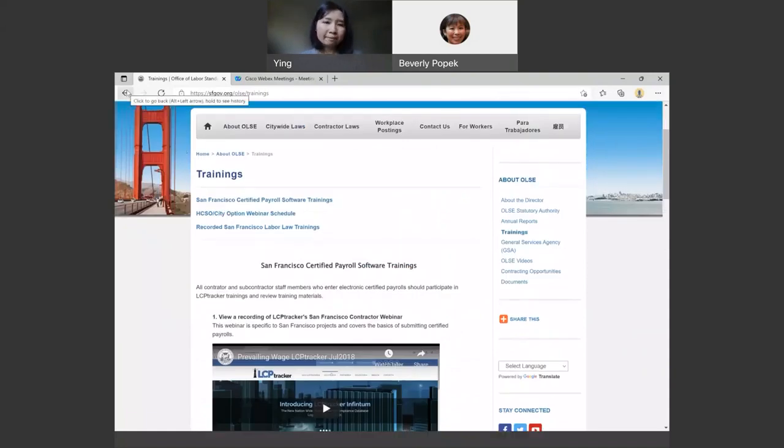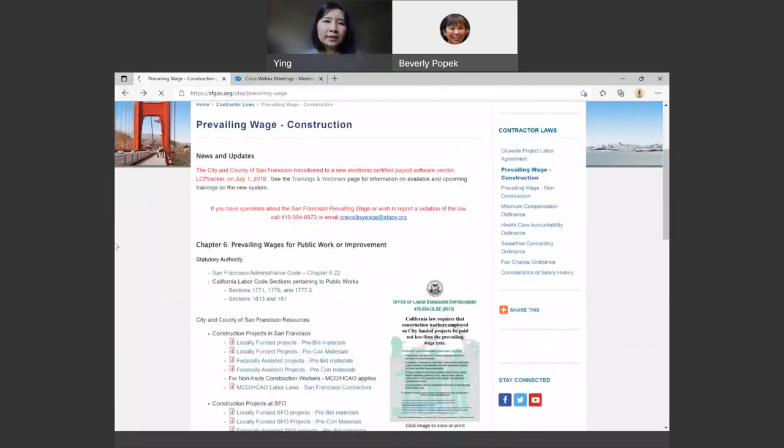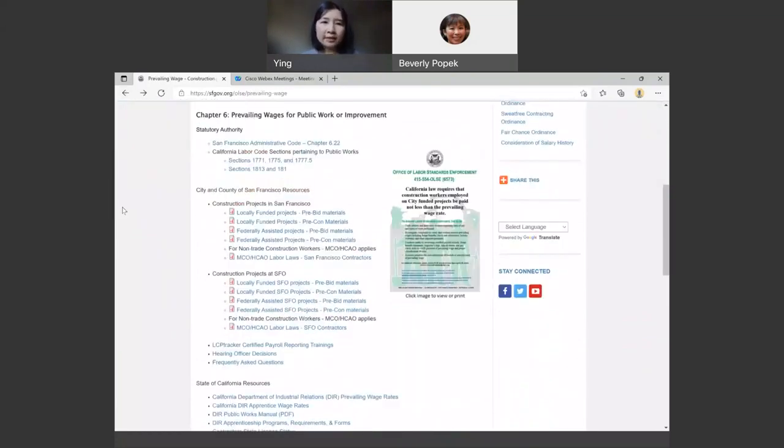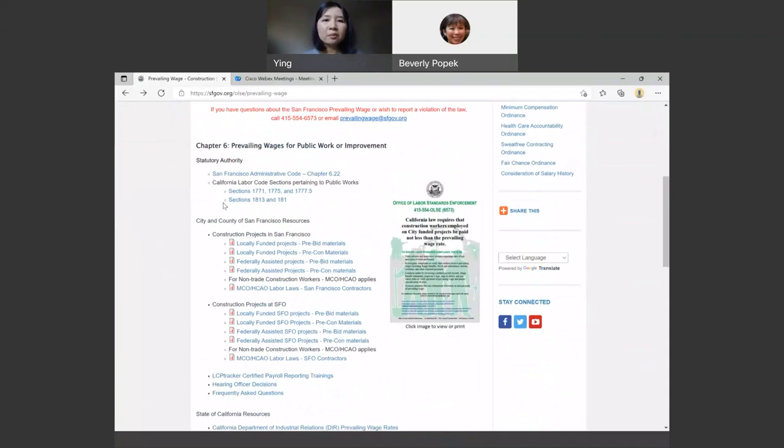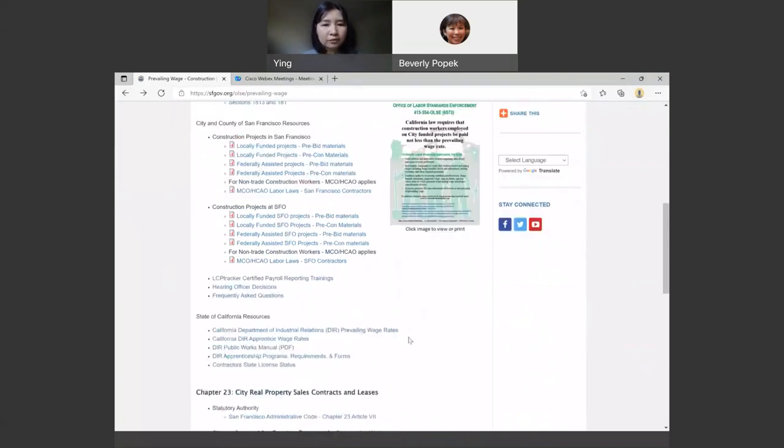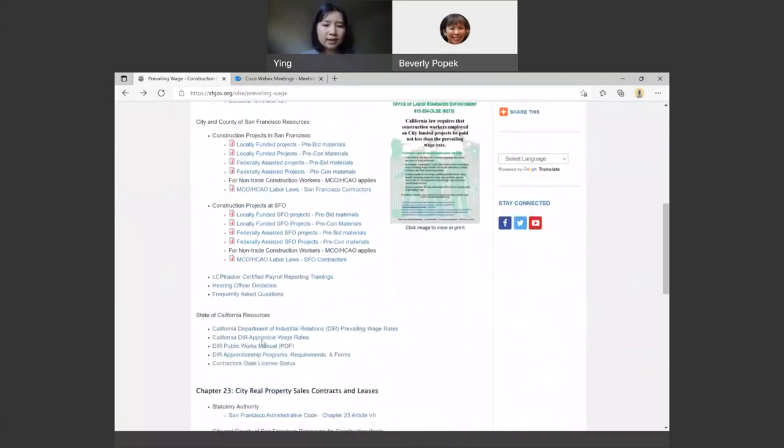And if we go back, we see that there is a session for Chapter 6. And here are some pre-bid, pre-con materials and fact sheets available for projects, particularly for a regular project in San Francisco and also for construction projects in SFO. And then we have different fact sheets and resources provided in here that you can take a look at.